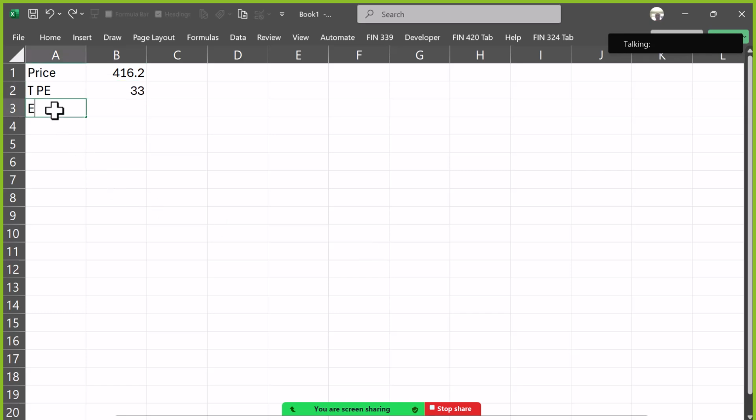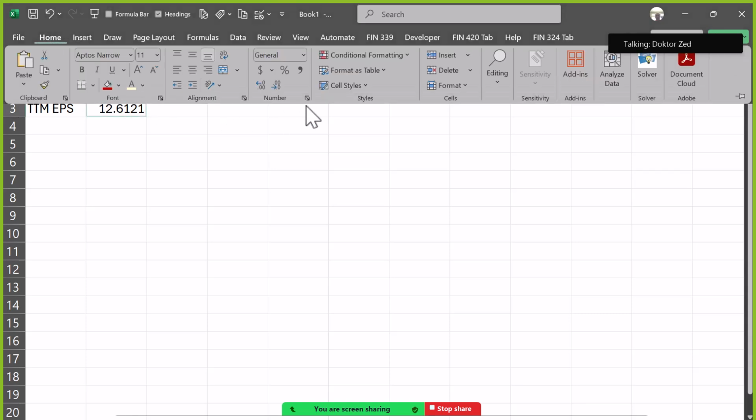That implies the TTM EPS. You divide the price by trailing PE, 1261. Of course, these are both dollar numbers.